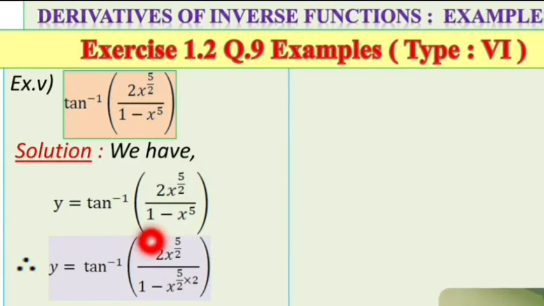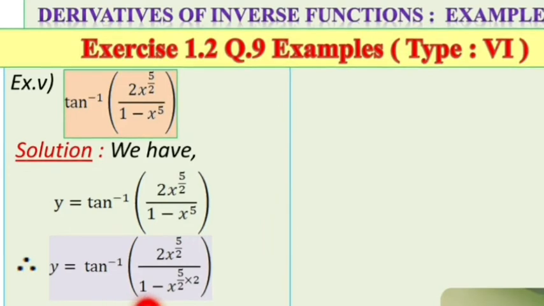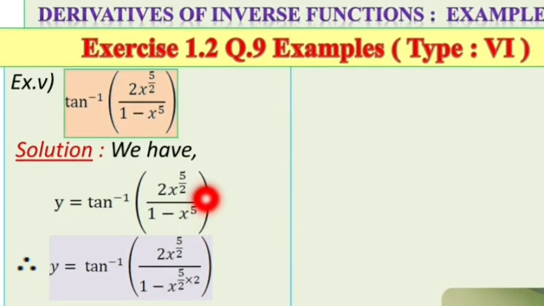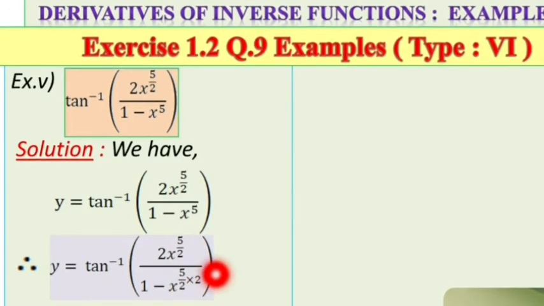that is 2 into x raised to 5 upon 2 divided by 1 minus x raised to 5, where 5 has to be written in the form of 5 upon 2 into 2.